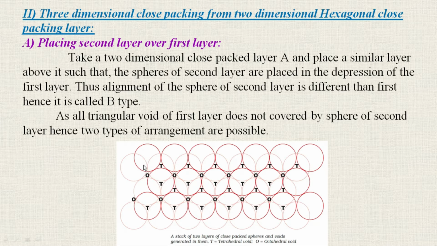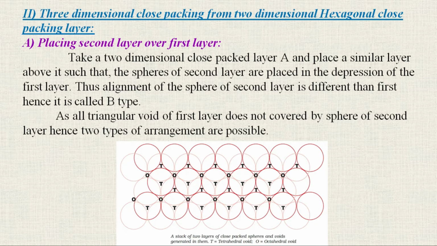When we place the second layer over the first layer, we come across two types of voids. The first type of void: there exists a triangular void of the first layer which is covered by a sphere of the second layer, and that particular void is called tetrahedral void.